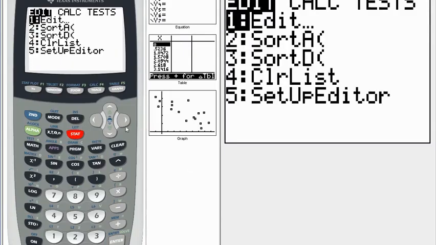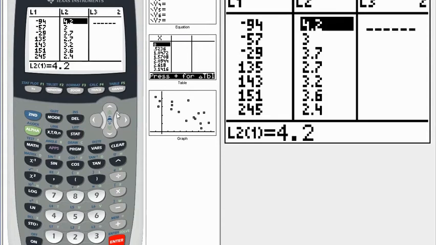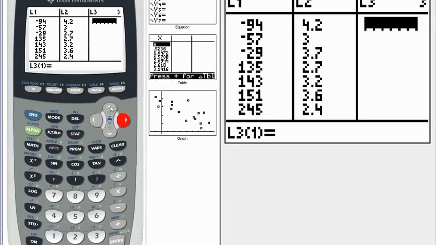So continuing this process of checking the conditions, I've got to put the predicted values into L3.